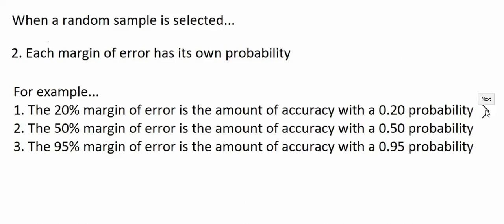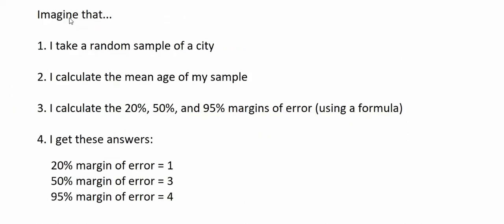So let's move ahead. Now I want to go over an imaginary situation just to help you get the concept down a little bit more fully. So imagine that I take a random sample of a city. It could be any city. And I do a survey and I record the age of each of my participants and I calculate the mean age of my sample. I add their answers and I divide.